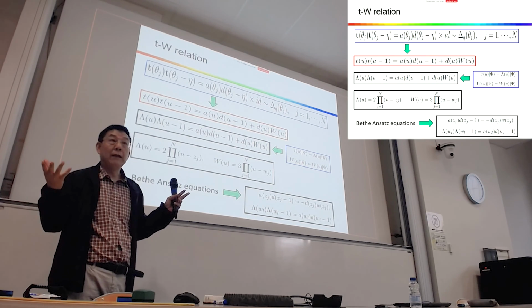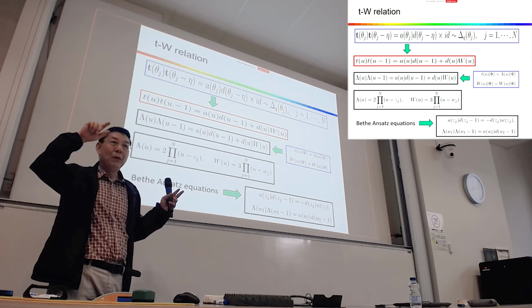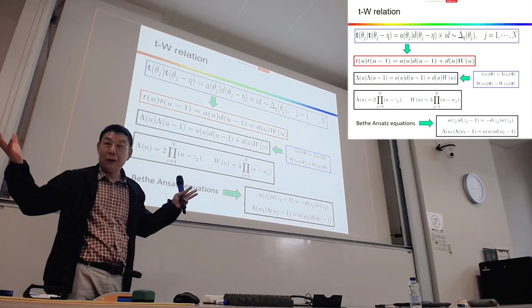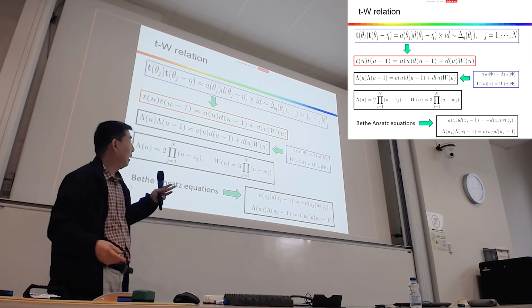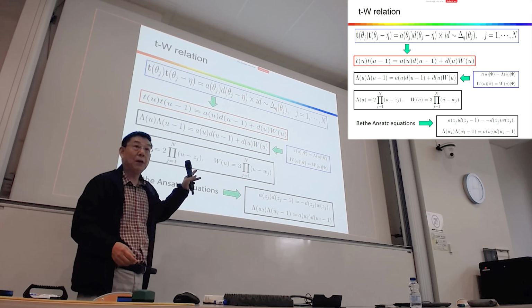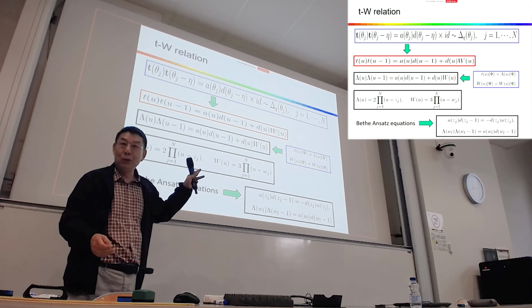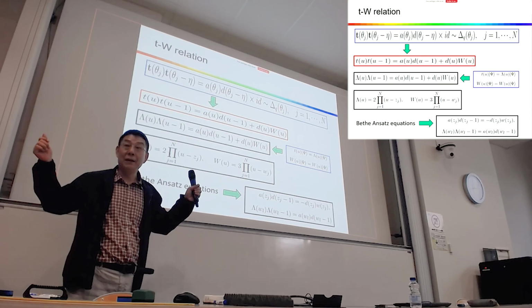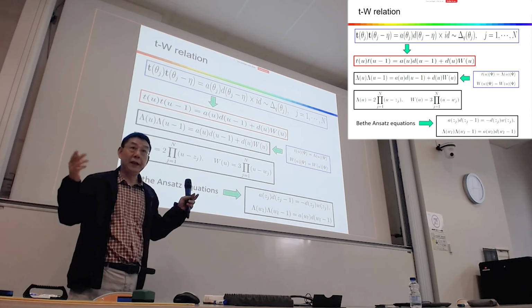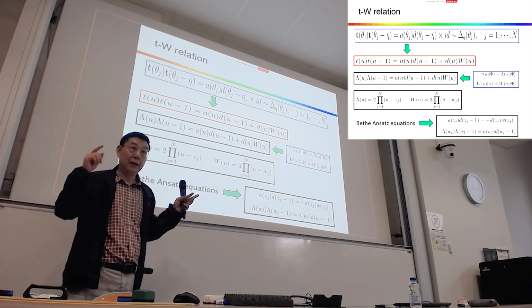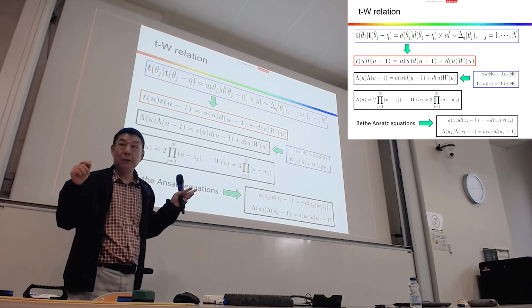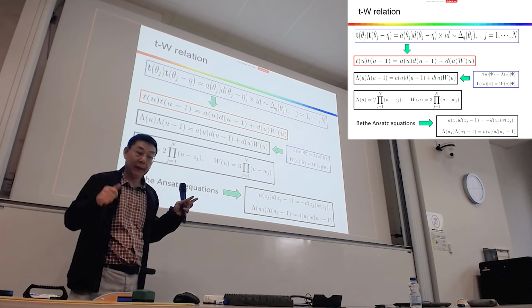So now we have 2n unknowns for the polynomials. But these equations are degree 2n equations, so we have 2n plus 1 coefficients. So this equation determines the roots of lambda u and w completely.